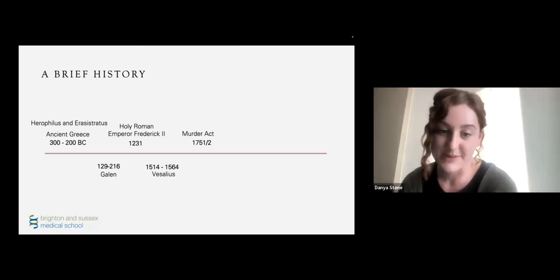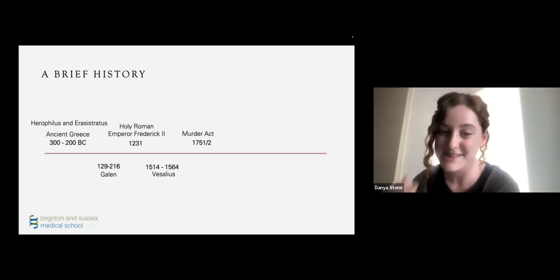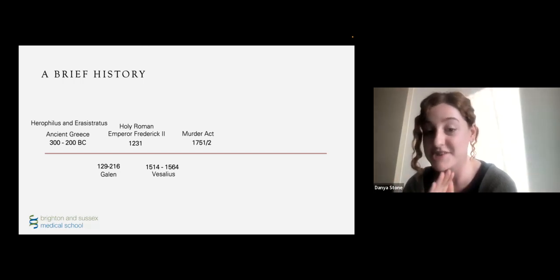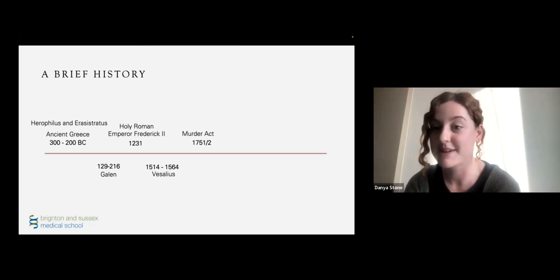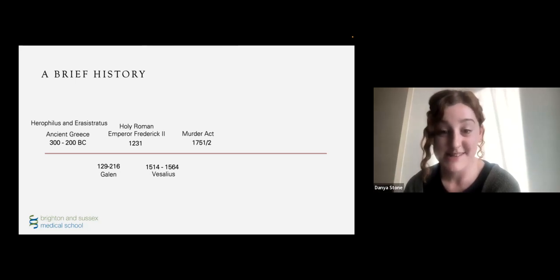And so in response, the Murder Act was brought out. And the Murder Act placed public dissection as the top punishment possible for anyone. So it was reserved just for people that committed murders and then were executed subsequently. So it really changed the public perception of dissection. It was seen as the worst thing that could possibly happen to you as a consequence of one of the worst crimes you can commit.